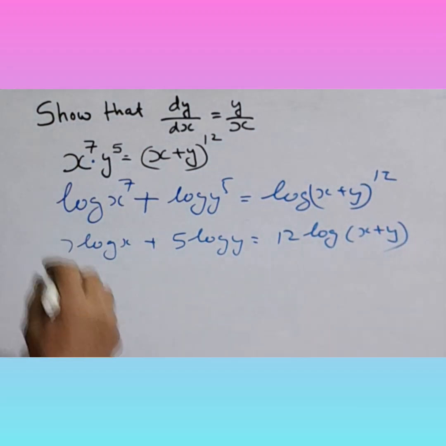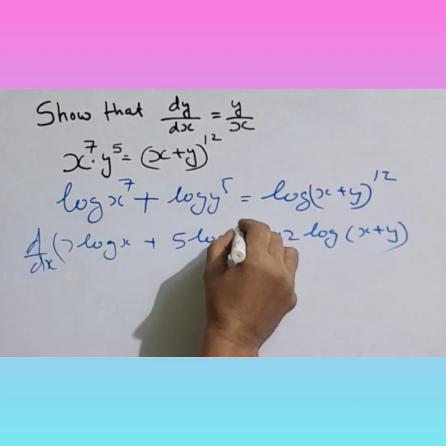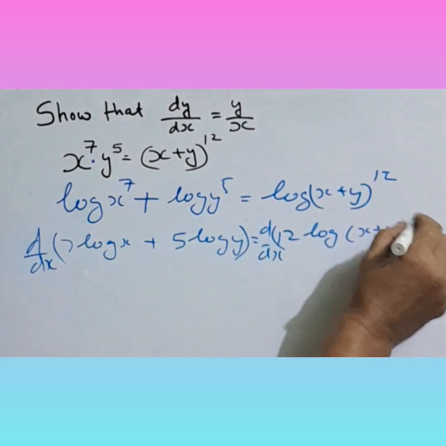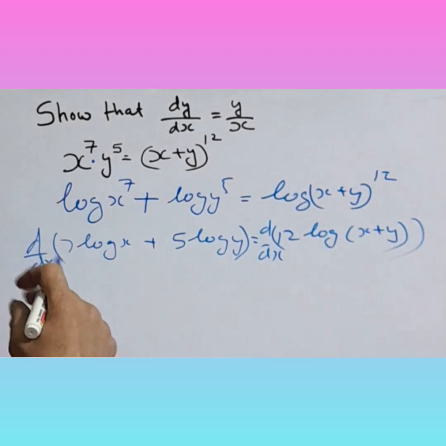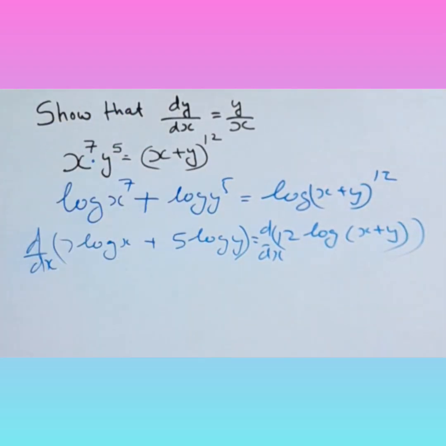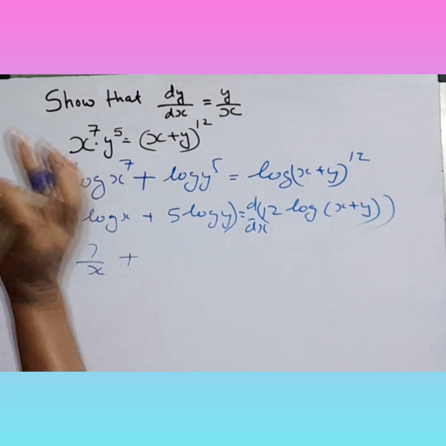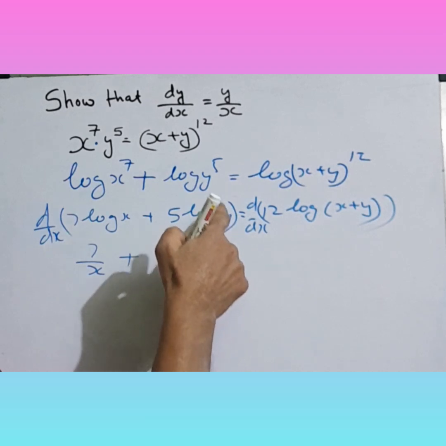Now straight away we can differentiate, so I will just write it here. We know d by dx of log x is 1 by x, so 7 by x. Done, simple. Whereas here it is implicit.